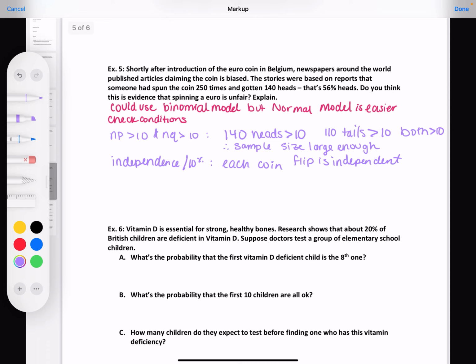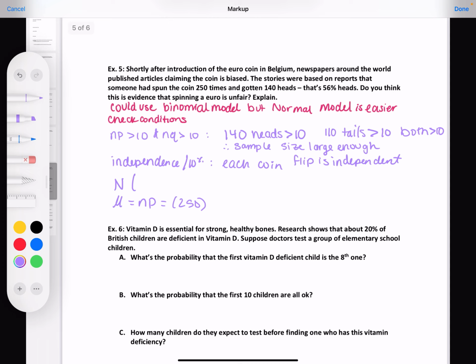All right, so we're going to use a normal model. We don't know what goes in that box yet. So mu is equal to n times p, so 250 times the probability.